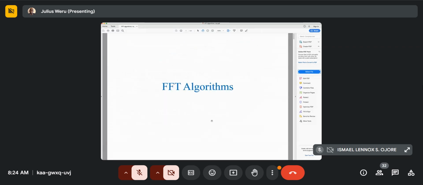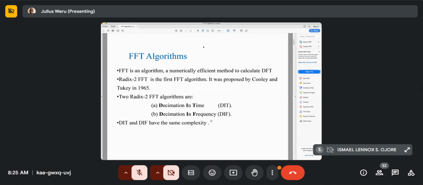So the specific FFT we are going to look at is one of the radix-2 FFT algorithms. Radix 2 just means base 2. We are going specifically to look at decimation in time, because it means you are actually chopping the samples into two in the time domain.